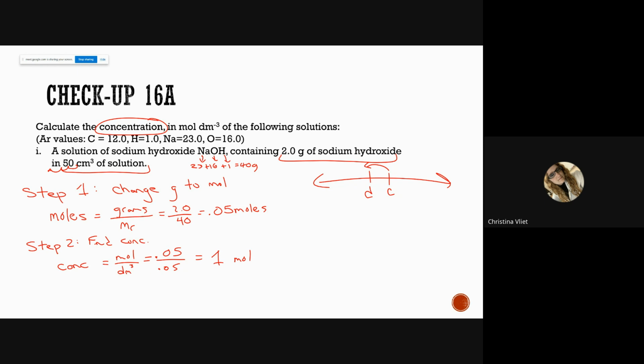And how would we write out that answer officially for Cambridge? Moles dm minus 3. The concentration is 1 mol dm minus 3. Why 3? Why minus? To move decimeters cubed up for the unit, you change positive 3 to negative 3.